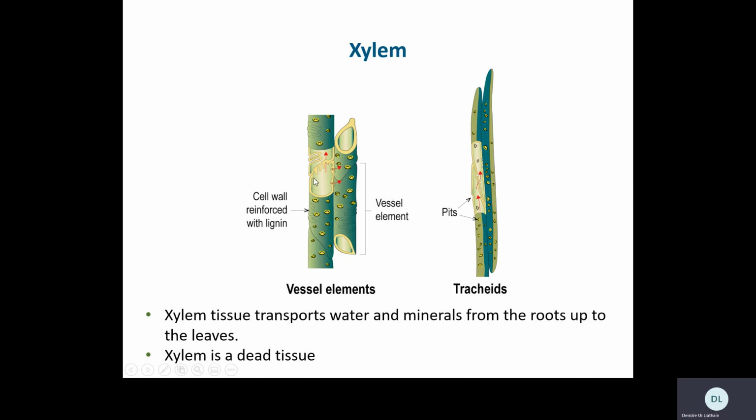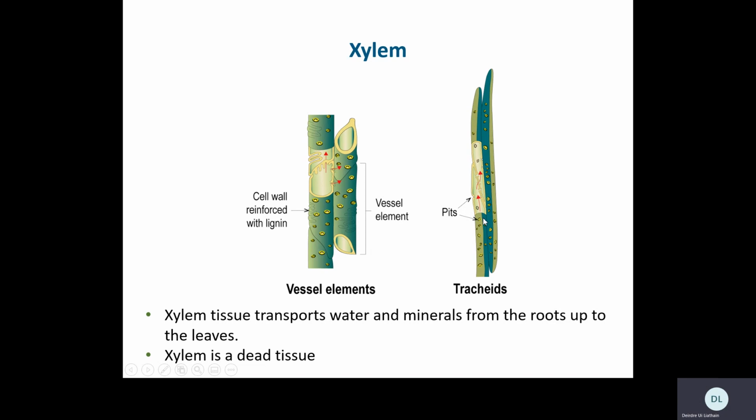So here we have a xylem vessel, first of all, and you can see that it just looks like a continuous tube, and that's because it was made up of lots of different cells, but the end walls of those cells have broken down to make up that tube. If you contrast that with the tracheid, it actually has little end walls on its cells, but those little end walls have things that look kind of like a filter on them, so they can filter the water as it goes through.